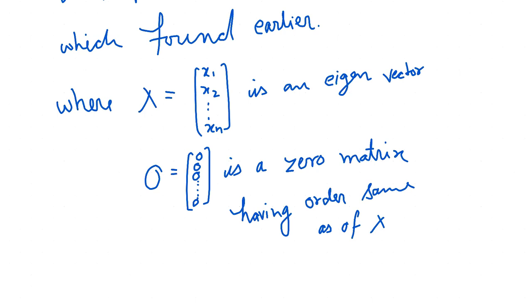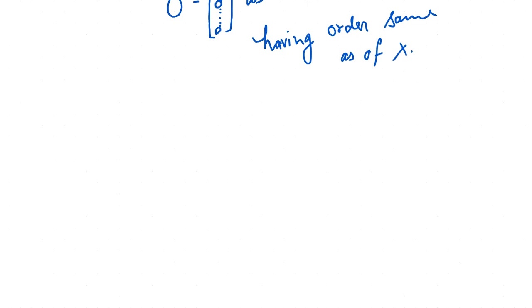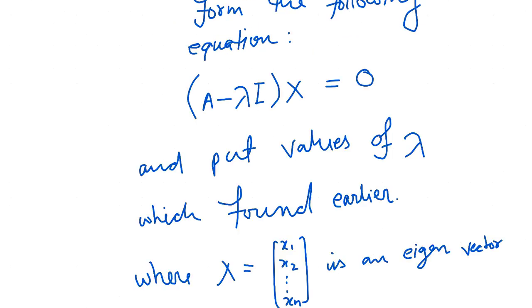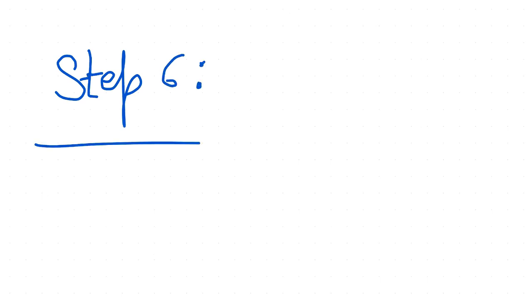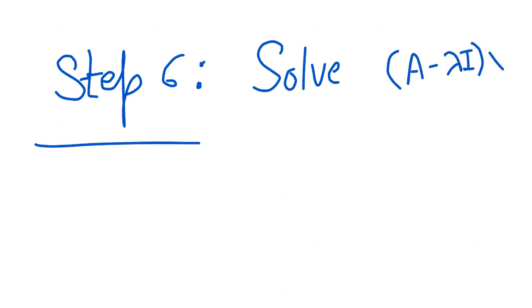Next is the sixth step: solve our equation, A minus lambda into I into x is equal to 0, for capital X, and capital X is an eigenvector.